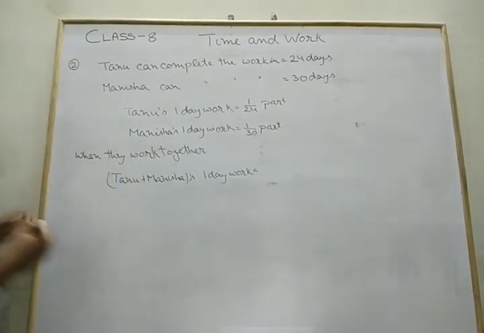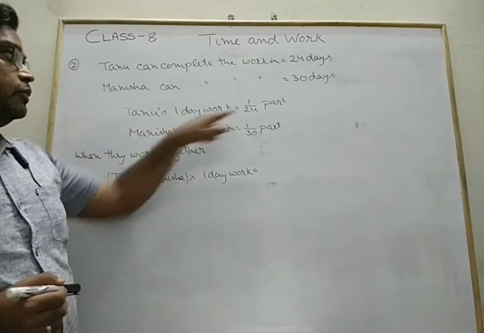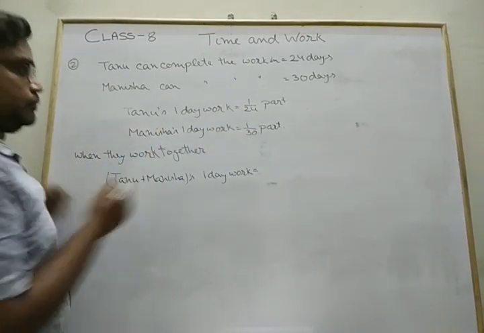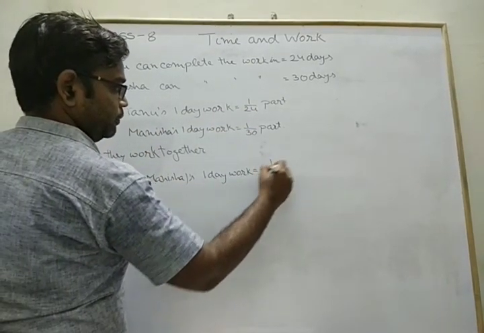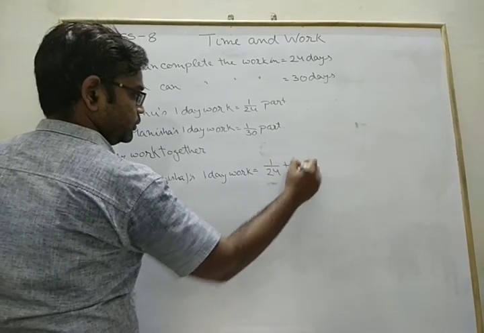This is important. These two persons' 1 day work equals this plus this: 1 upon 24 plus 1 upon 30.